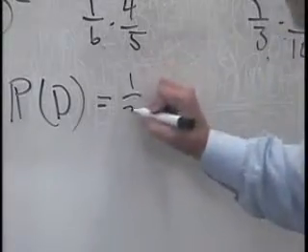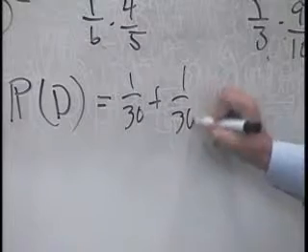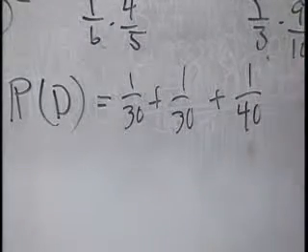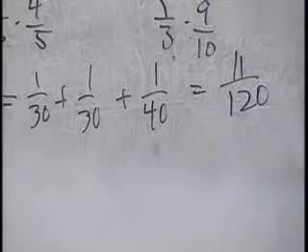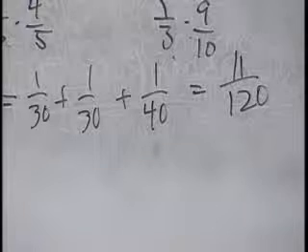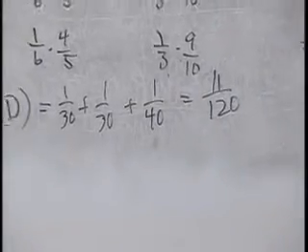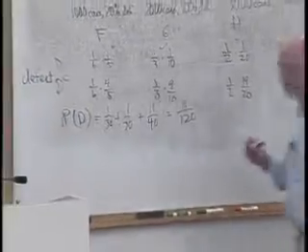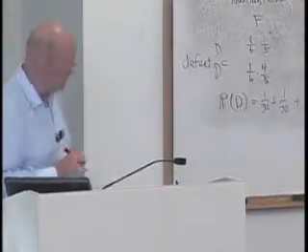So this is 1/30 from here plus another 30th from here plus 1/40 from here. And when you add that up, you get 11/120. This is going to be the denominator in our conditional probability calculation. And usually when you do these conditional probability calculations, working out the denominator is the most tedious part of the calculation, because now we can answer the last question fairly easily.